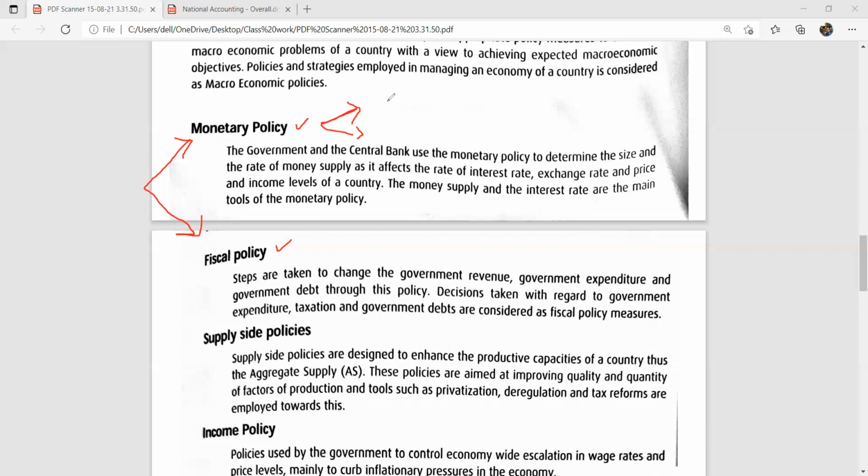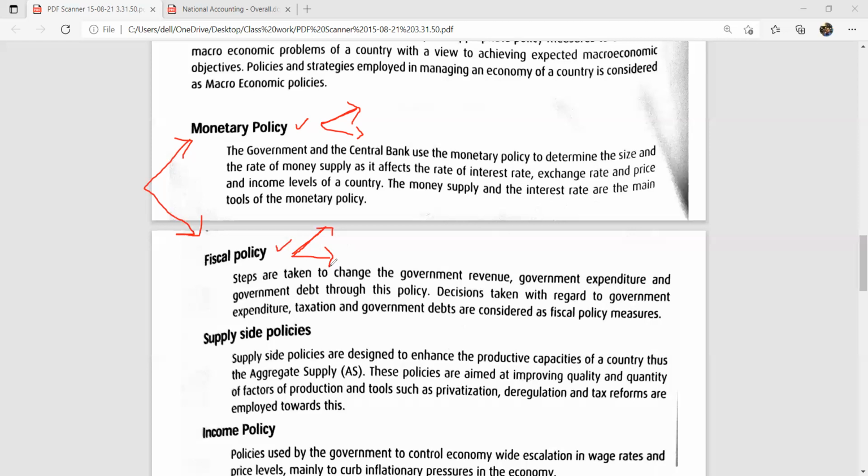Then the next one, fiscal policy. Fiscal policy also has two instruments. One is taxes, the other one is government spending. Actually, the government implements fiscal policy by coordinating its budget.